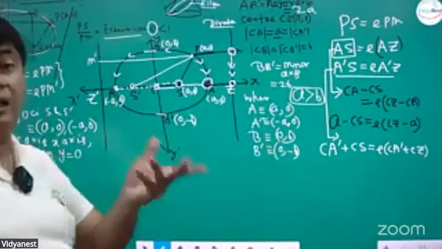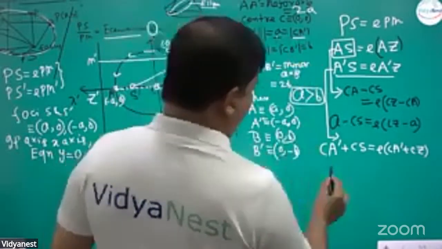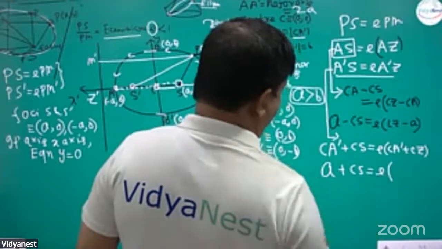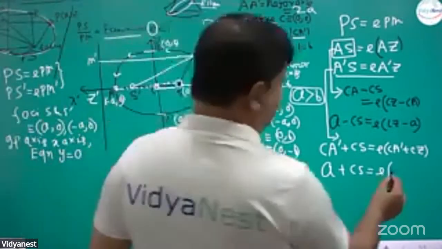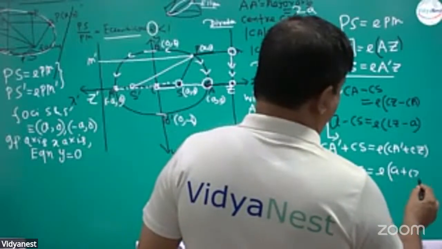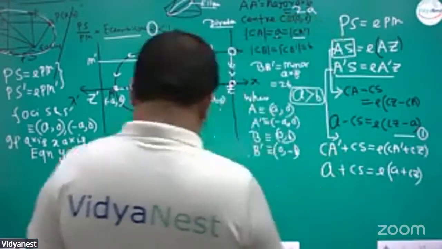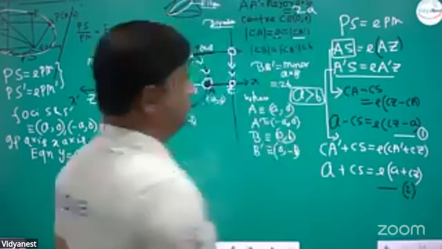What is CA dash? What is the magnitude? Already we have got a. So a plus CS equals e into a plus CZ. I will label it by 1 and label the other by equation number 2.